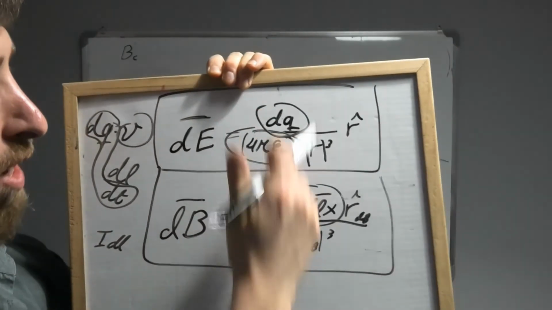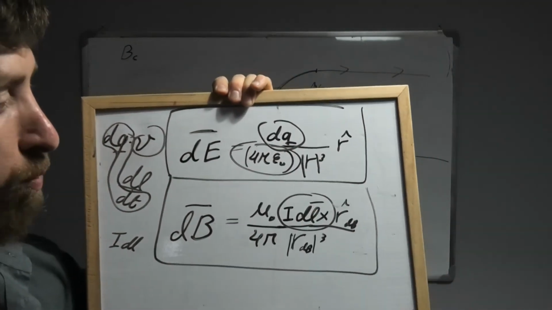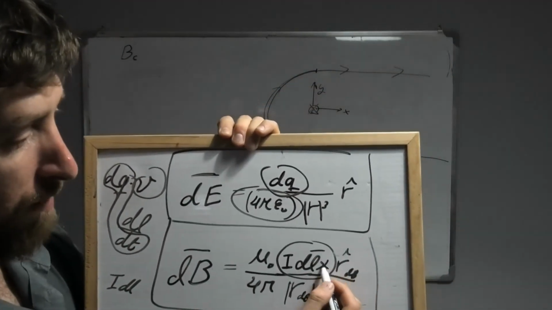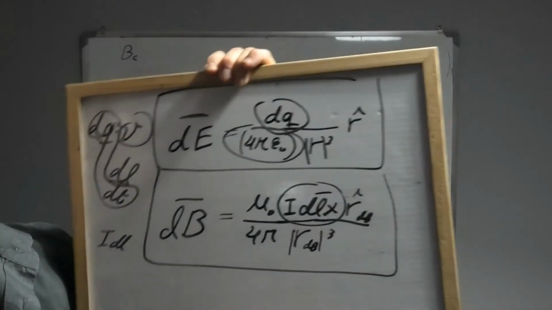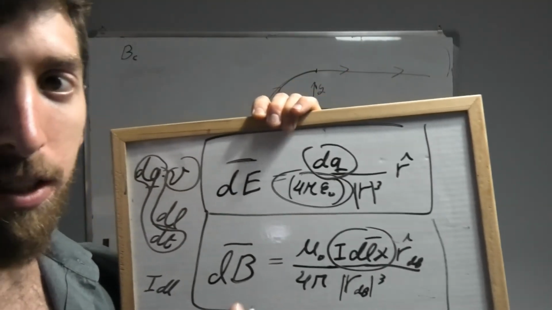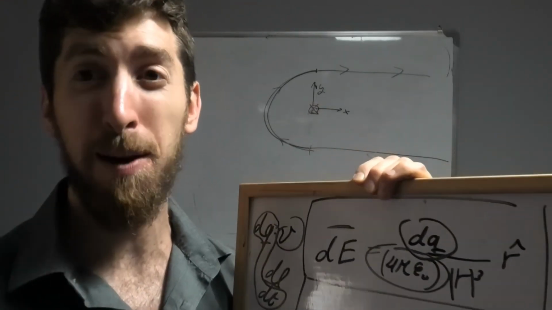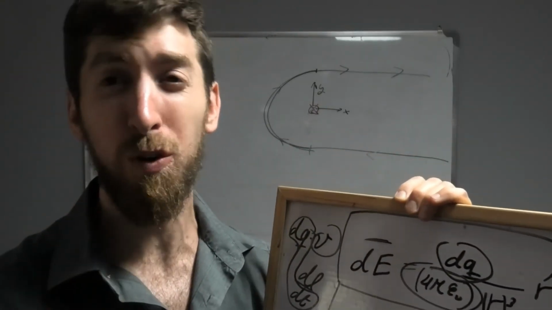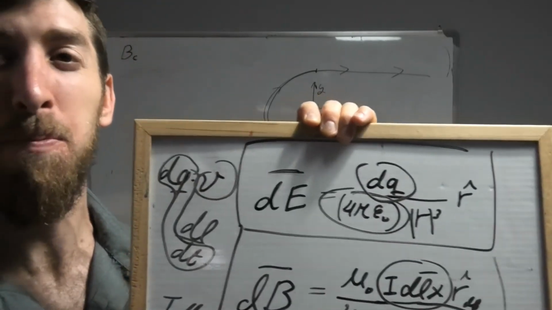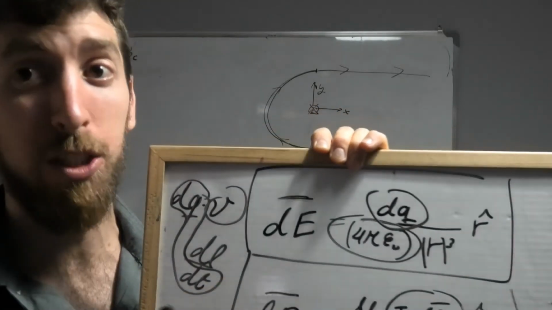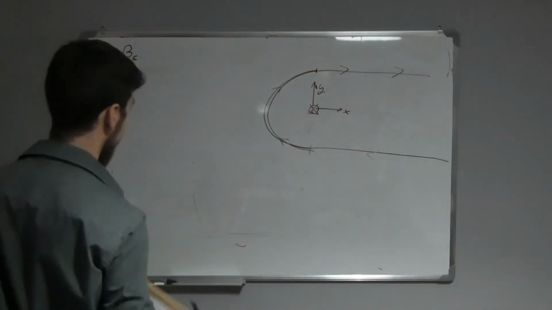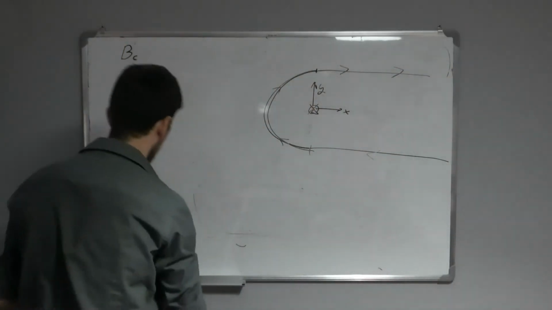It's something really obvious, and you can remember each one of them. So look, here we upgraded the level of the question. Magnetic is a little bit more complex, so you can think about Ampere's law as a really easy version of Gauss, and this one is a little bit more complicated because we have this cross, and we need to deal with this cross. So let's draw this one here in our example.